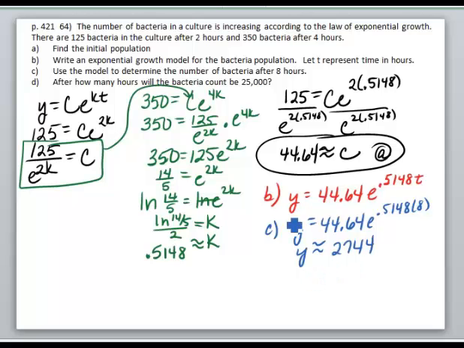And then for the last question, it says after how many hours will the bacterial count be 25,000? So for that particular part, I'm going to have to say, well, when will it reach 25,000? So I'll say 25,000 equals 44.64 e to the 0.5148 t. I want to solve for t. So I'll divide by 44.64.